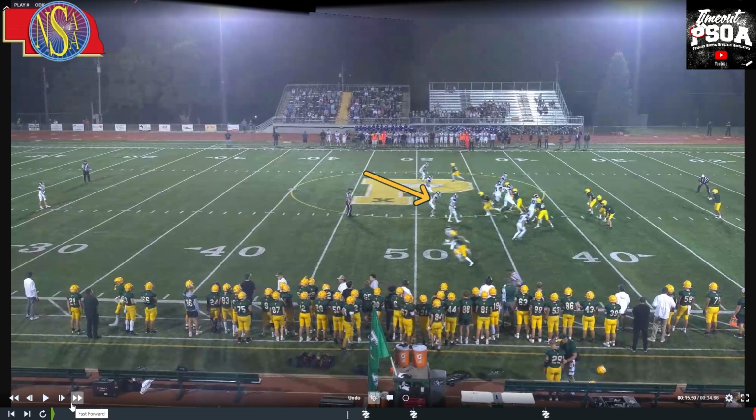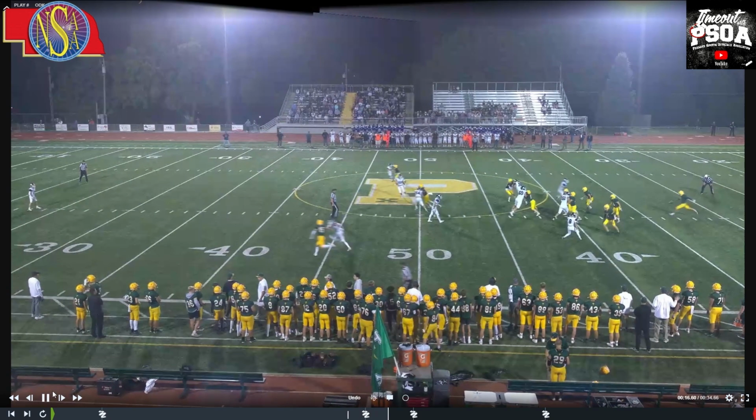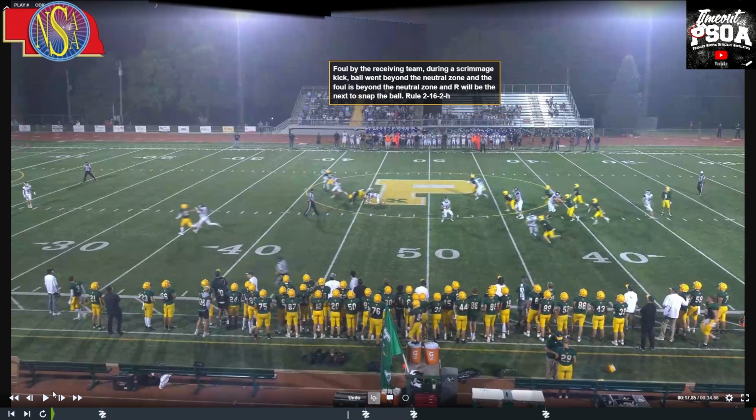And a PSK foul comes when the fouling team is the receiving team. It's during a scrimmage kick play and during the actual kick. The ball went beyond the neutral zone, and the foul is beyond the neutral zone.